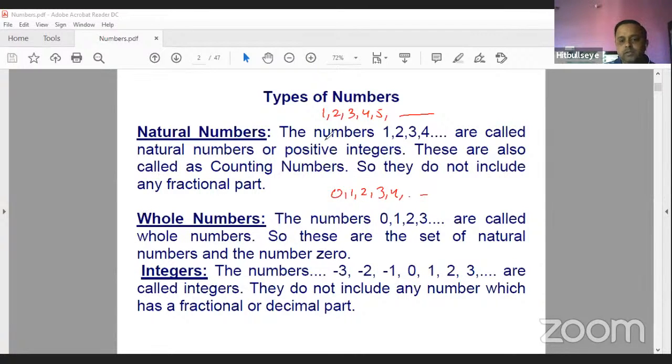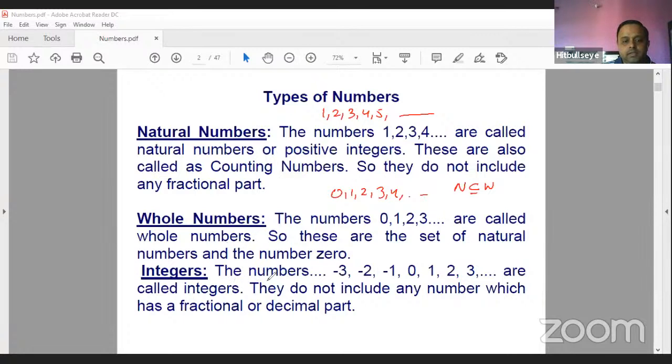From this discussion, I can say that every natural number is a whole number, but the converse is not true. Every whole number is not a natural number because there is one whole number, 0, which is not considered as a natural number.